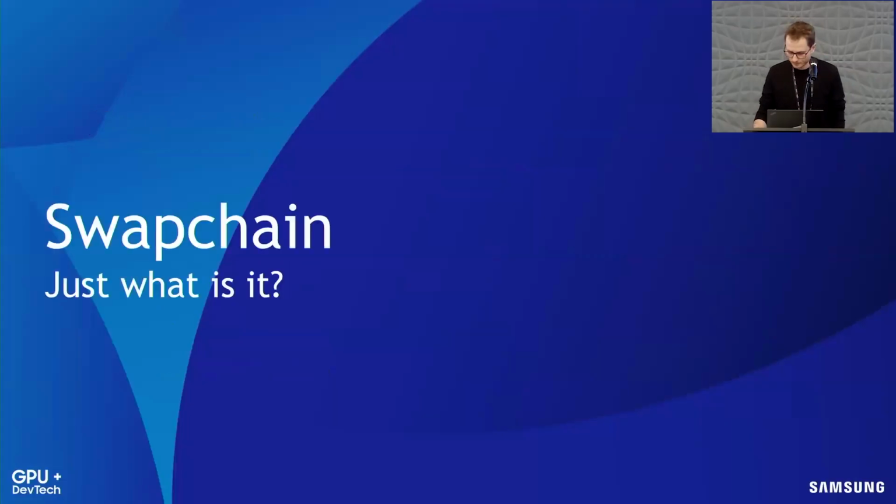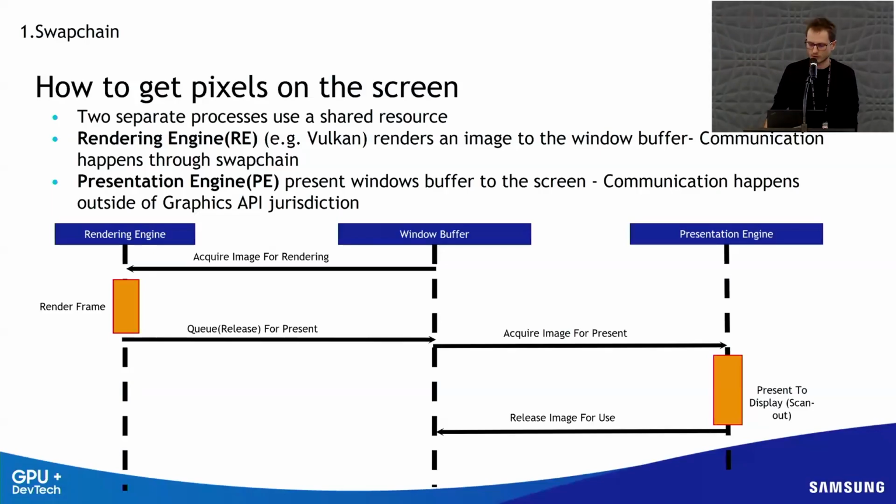Okay, so Swapchains. We will here look what it is, why it exists, and how it communicates with different parts of your engine. So before we start, let's just quickly consider how we get data on the screen.